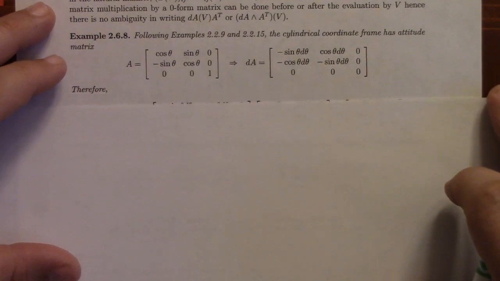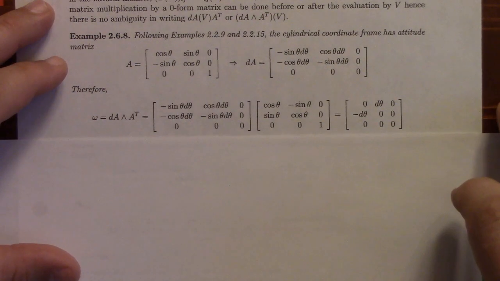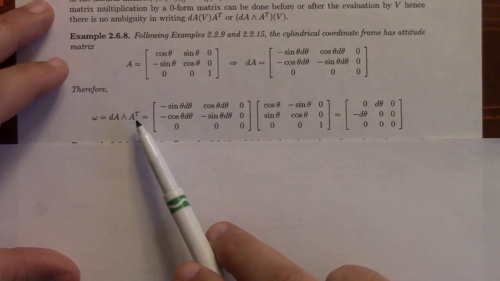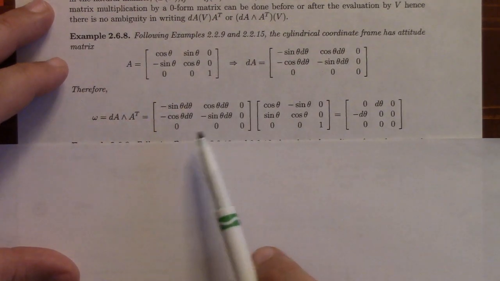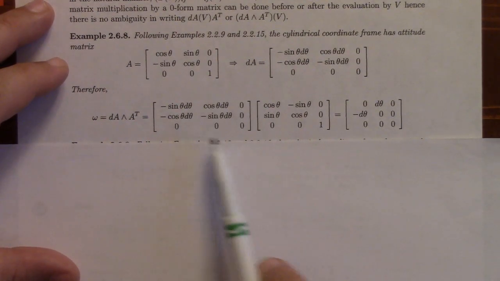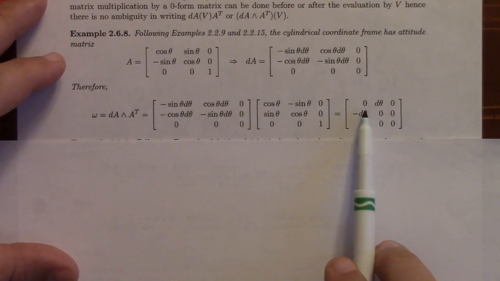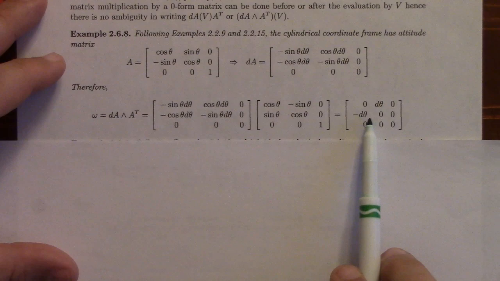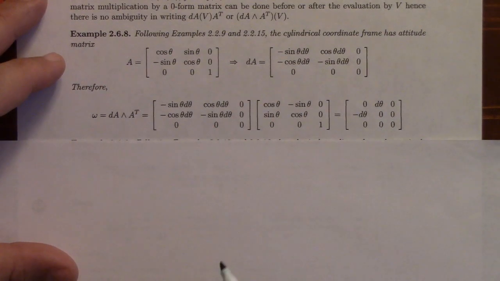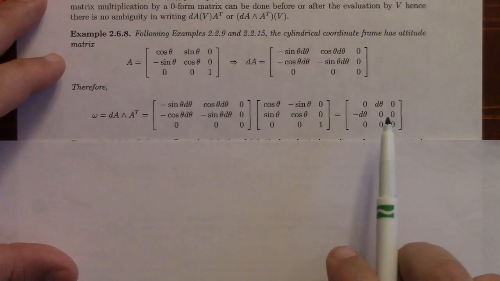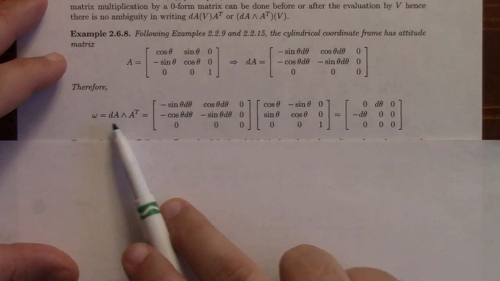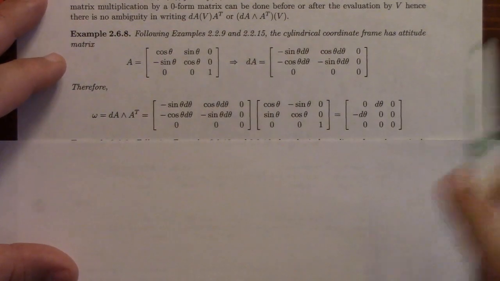And so if we calculate dA wedged A transpose here, we end up with this rather nice, simple little formula over here. 0 d theta minus d theta 0, 0, 0, 0, 0. And again, as I said, the connection one form, it is a one form, it's a matrix of one forms, and there it is.